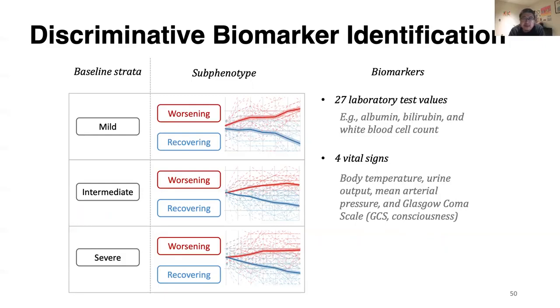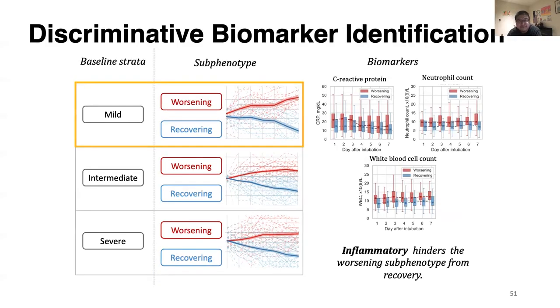We investigated the association between the biomarkers, including 27 lab tests and vital signs. We first examined their associations with the subphenotype or cluster assignment across all the strata and subphenotypes.